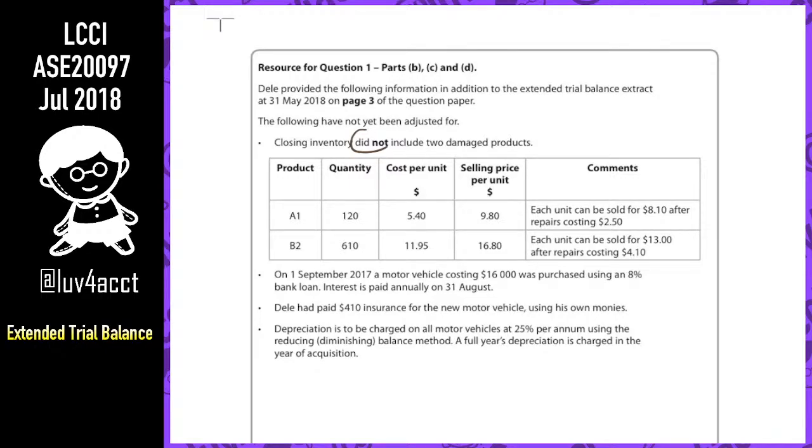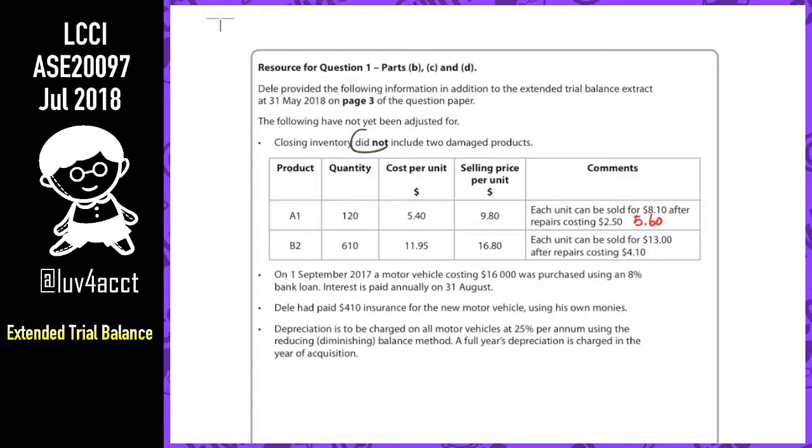Product 1, A1, quantity, cost price, selling price. Each unit can be sold for 8.1 after repairs costing 2.5. So our net realizable value is 5.6. What happened? 5.6.